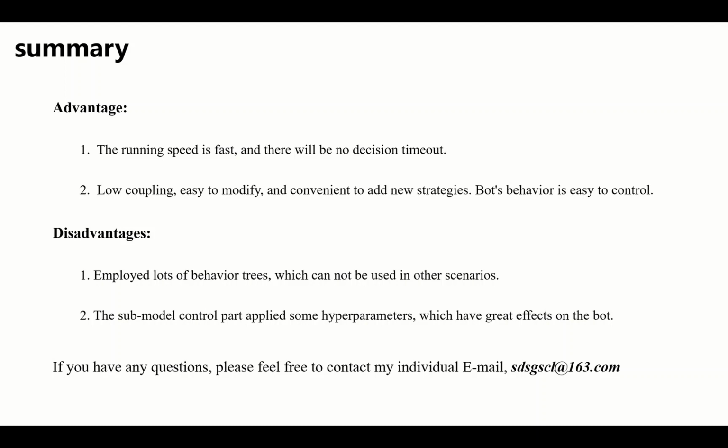And the bot's behavior is easy to control. And the disadvantages are: 1. We employed lots of behavior trees, which cannot be used in other scenarios. And 2. The sub-mode control part applied some hyperparameters, which have great effects on the bot.